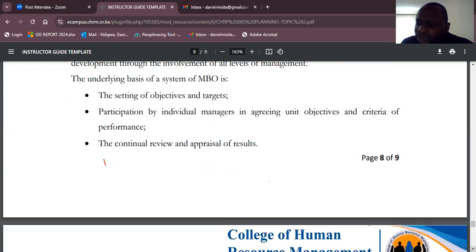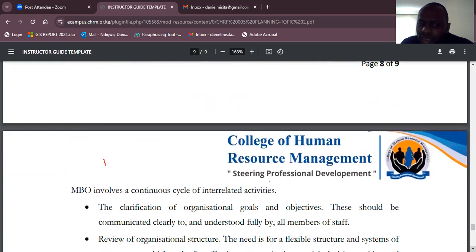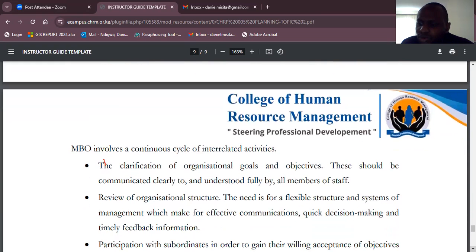But some of these appraisal processes are normally not good because of personal feelings. Some managers are driven by their emotions, so they might end up not appraising you correctly based on how they feel about you.